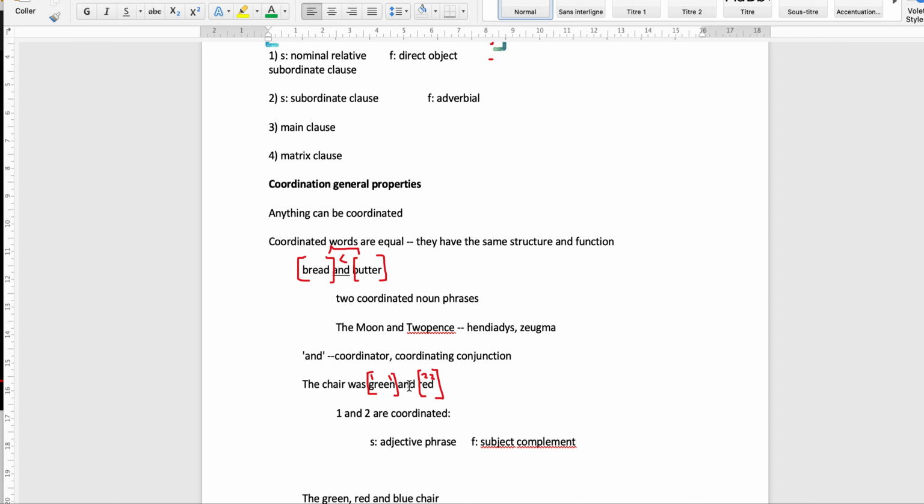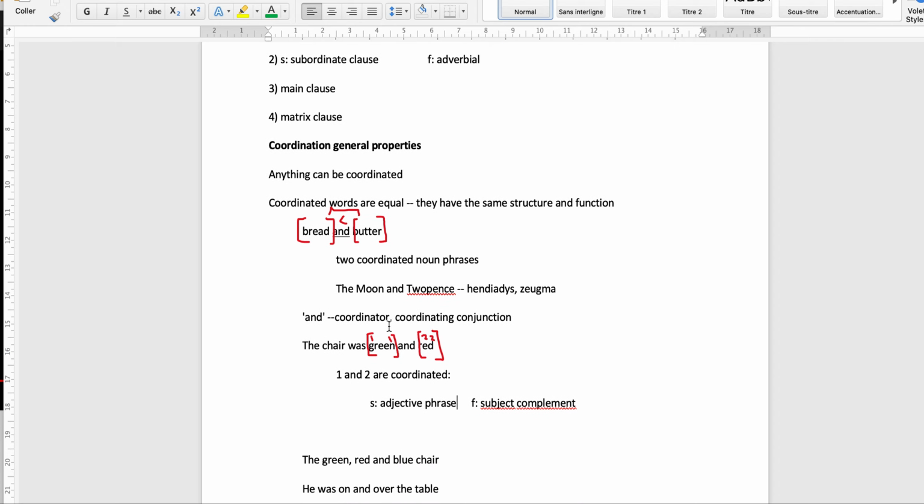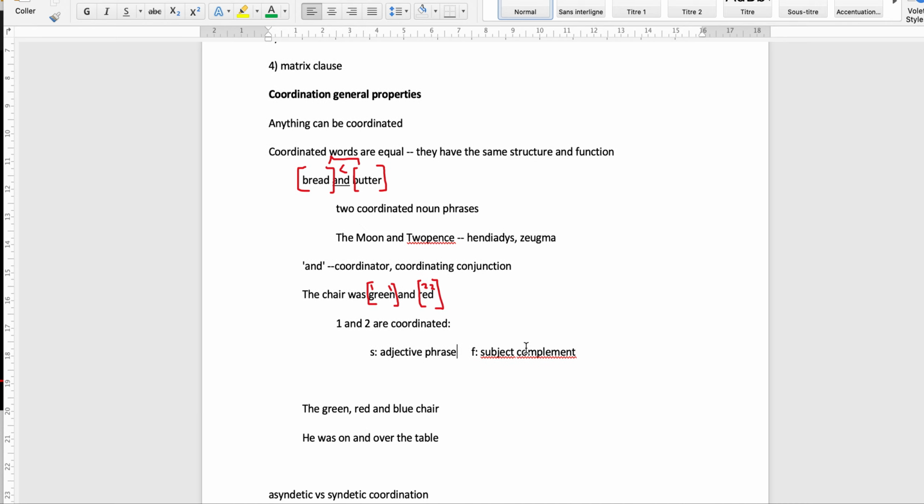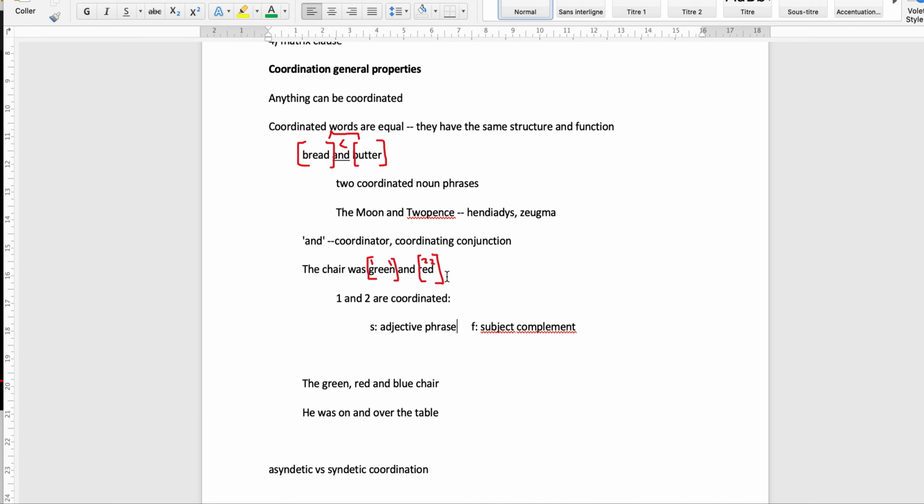Another thing to say is that, in theory, we can coordinate any number of words or groups of words, right? I could have written the chair was green, red, blue, and yellow, right?